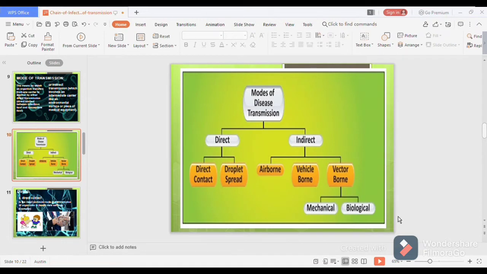Next is the modes of disease transmission. So the direct and indirect. And under the direct is direct contact and droplet spread, while the indirect is airborne, vehicle-borne, vector-borne, mechanical, and biological.